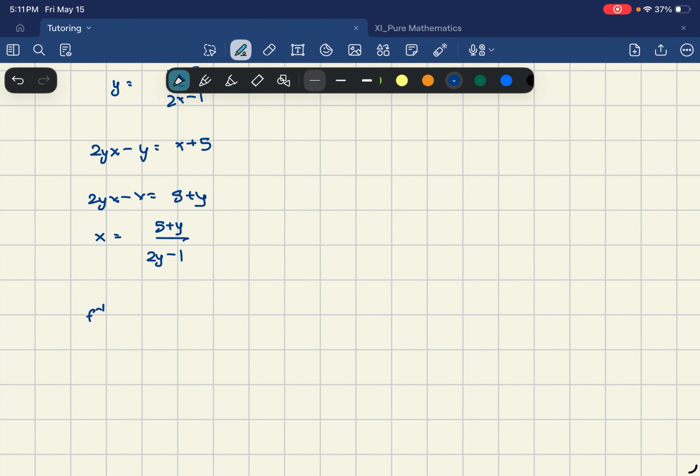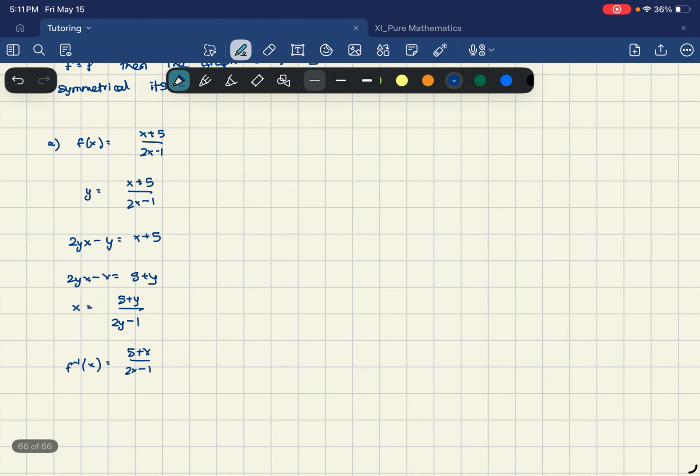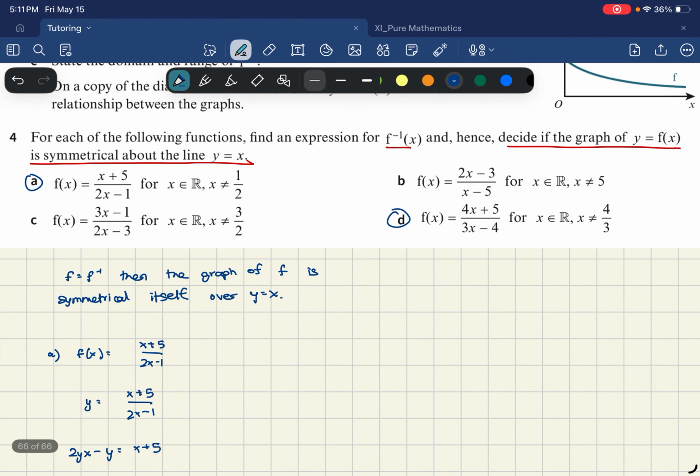And f inverse of x is going to be 5 plus x over 2x minus 1, which is exactly what we started with. So A is yes. It's self-inverse. Therefore, it is going to be symmetrical about y is equal to x.